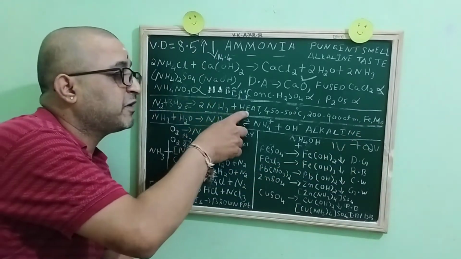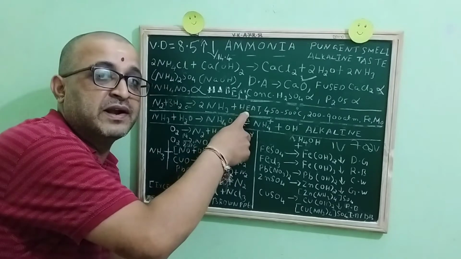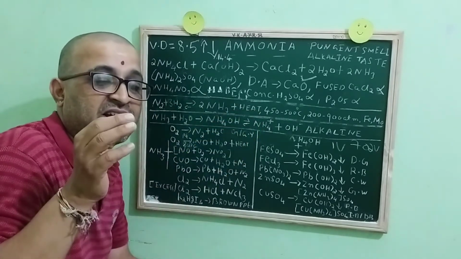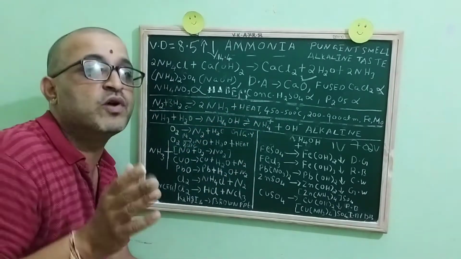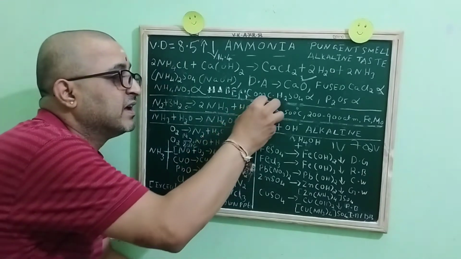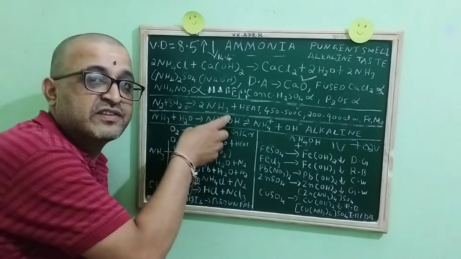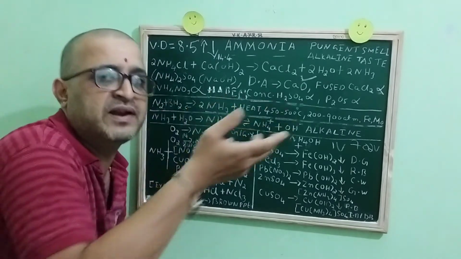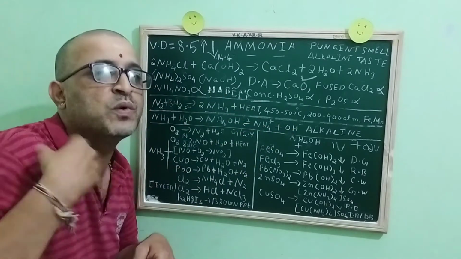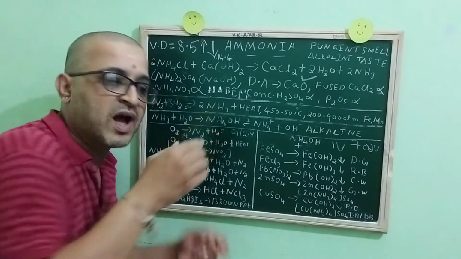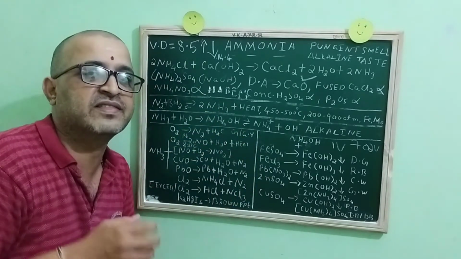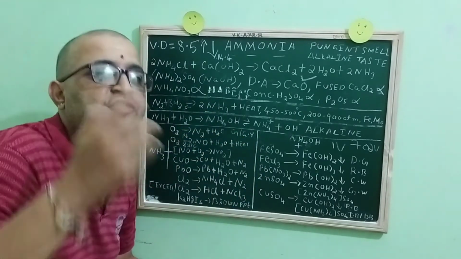Children, in Haber's process, heat is being liberated. So this reaction is what reaction? Exothermic reaction. One more important thing is that during Haber's process, all the nitrogen and hydrogen is not converted to ammonia. There is some unreacted nitrogen and hydrogen associated with ammonia. How do you separate those things? That can be separated by dissolving in water.